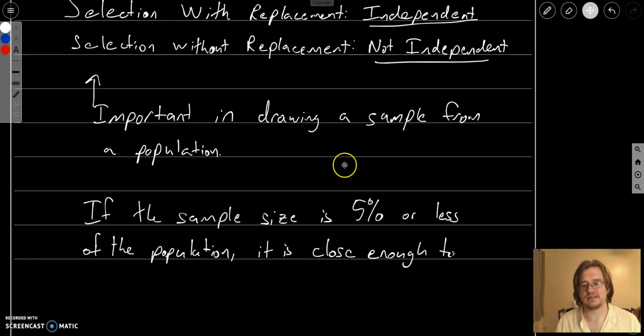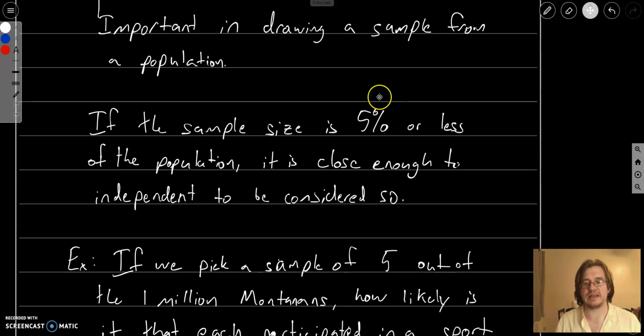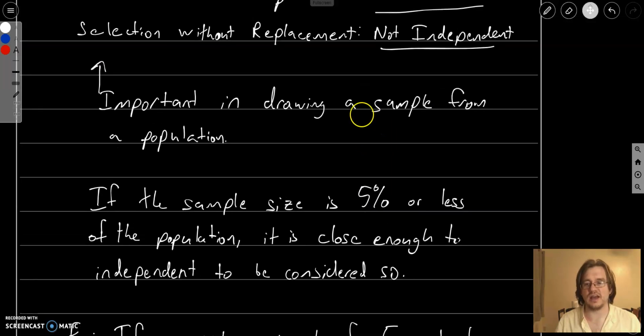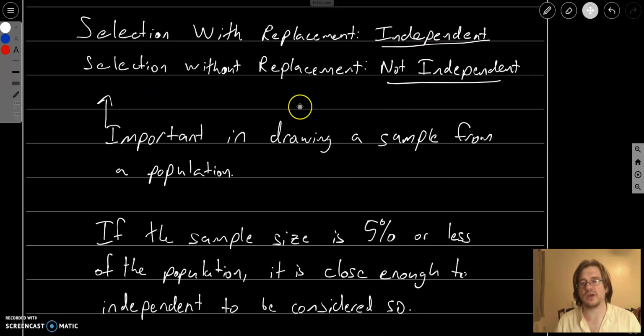However, there's a caveat. Quite often this is important when you're drawing a sample from a population. Let's say we want to poll Americans, and we have to pick a sample of the American citizens to poll.